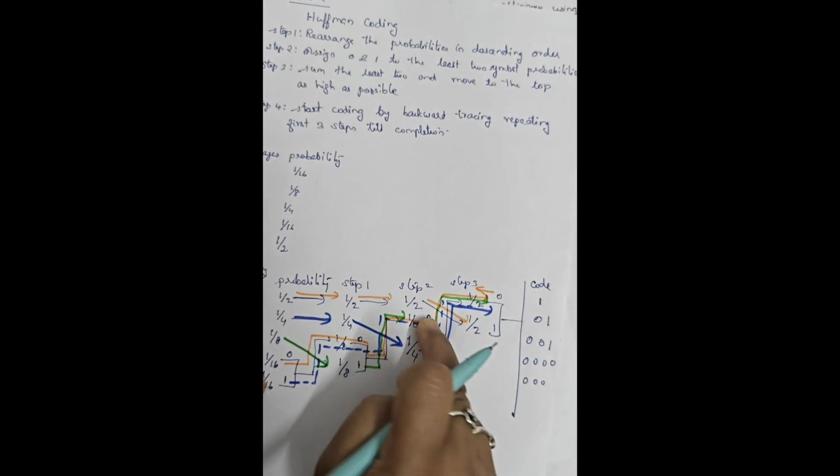Again the same trace you can take. Till here it is the same, because your 1 by 16 and 1 by 16 follow the same path, only the difference is at the last one. So 0, 0, 0, that is this 0, this 0, this 0, and this one will be the 1. These are the codes for each of these.